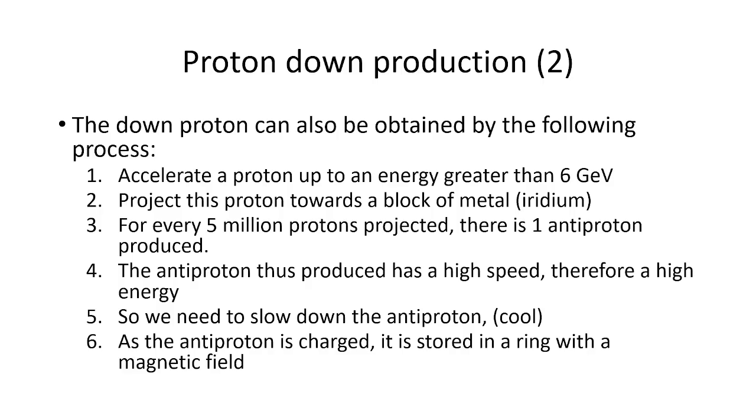For every 5 million protons projected, there is one antiproton produced. The antiproton thus produced has a high speed, therefore a high energy. 5. So we need to slow down the antiproton by cooling. 6. As the antiproton is charged, it is stored in a ring with a magnetic field.